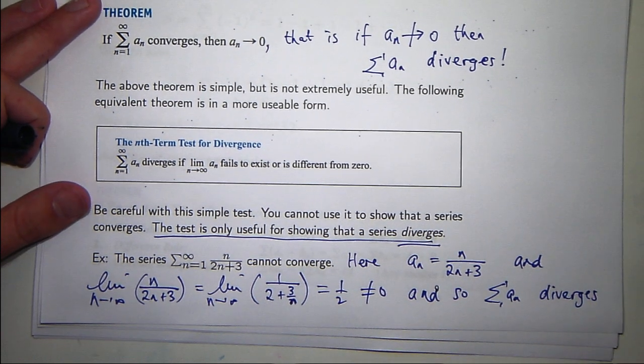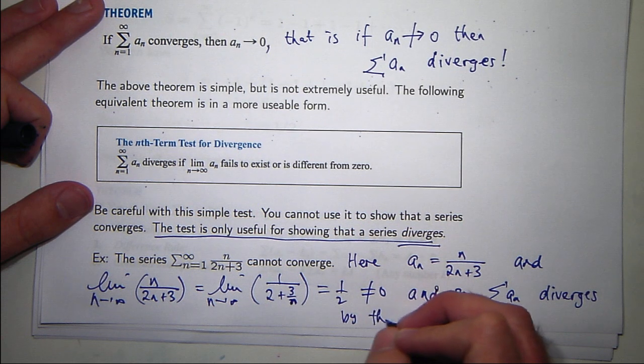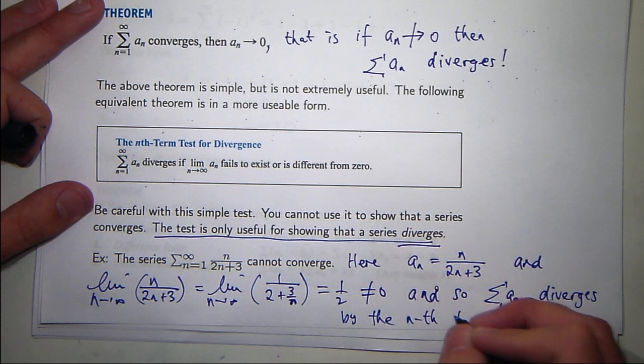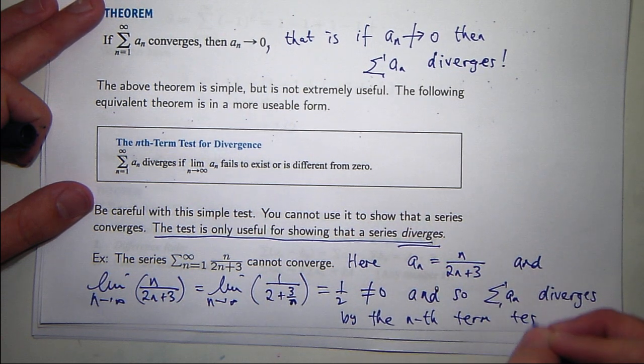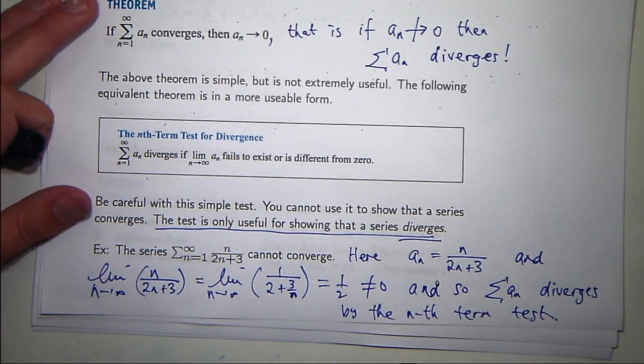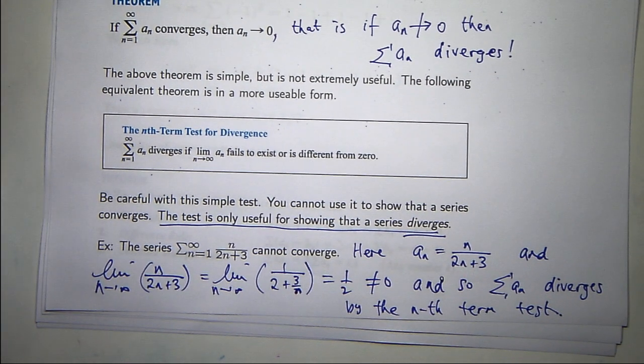The limit of a sub n is not 0, a half is not equal to 0, and therefore, by the nth term test, the series sigma n on 2n plus 3 must diverge. Notice in my solution here, I'm naming the test I'm using, because when you're doing these problems, it's very important to justify your methods and your reasoning. I'm clearly mentioning the nth term test in this solution.